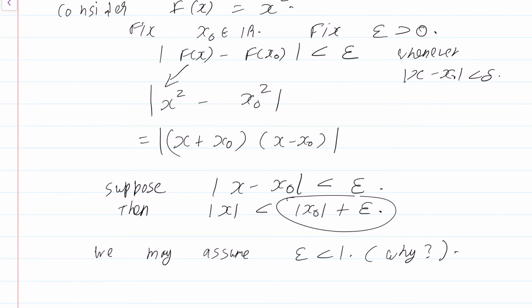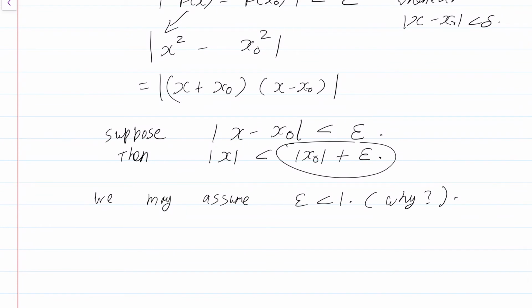Well, the reason should be fairly obvious to you, even though I have posed it as a question. If you can get f of x to be epsilon close to f of y, you can certainly get it to be 10,000 close also, because 10,000 is greater than 1. Okay, so we may assume epsilon is less than 1. What does this tell us? It tells us that mod x is less than mod x naught plus 1.